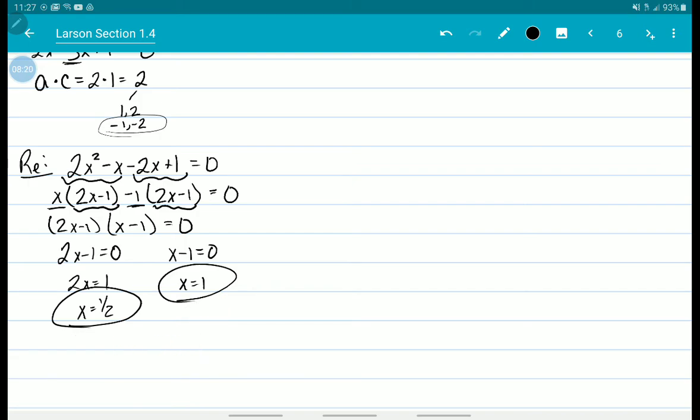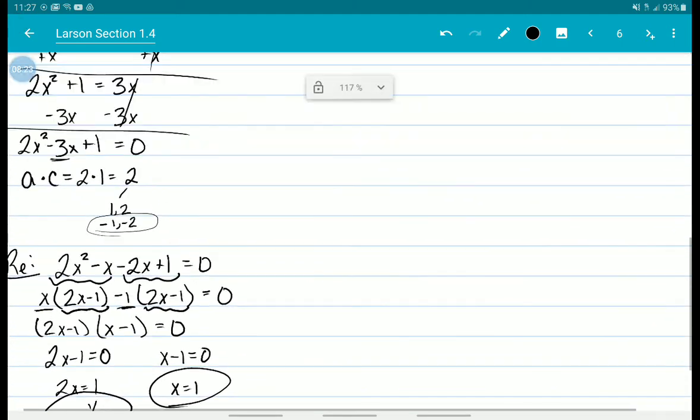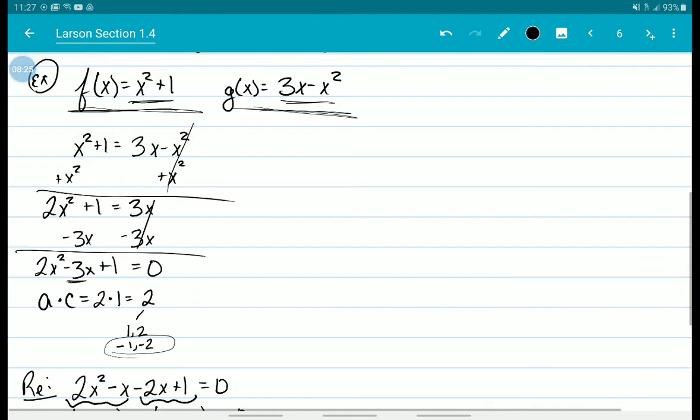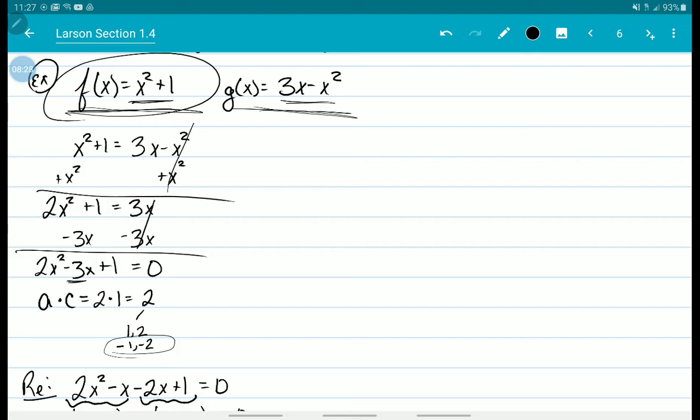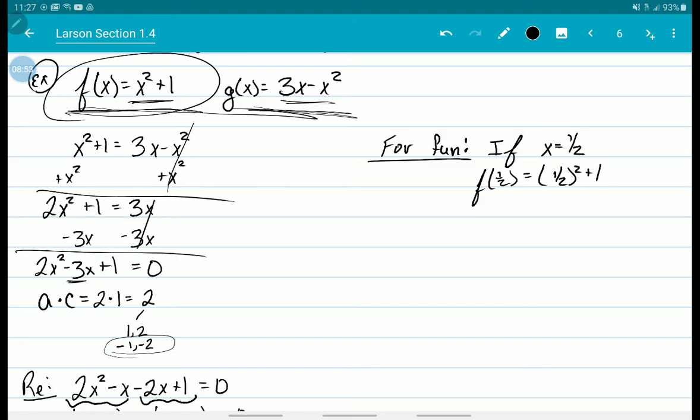To find those y values, which we're not interested in right now, but if you wanted to, you can plug those back into either function and you'll get the y values. So just for fun, let's do that. So we found x is equal to 1/2, and we want to know, what is that y value? Well, we can plug that 1/2 into either equation, because that's where these two are equal to each other, which means those y values have to be equal to each other.